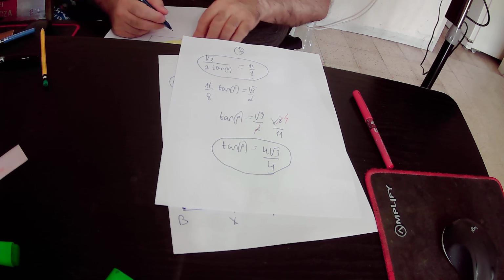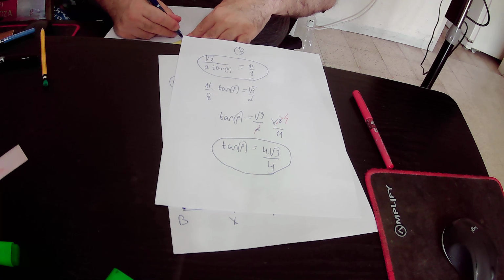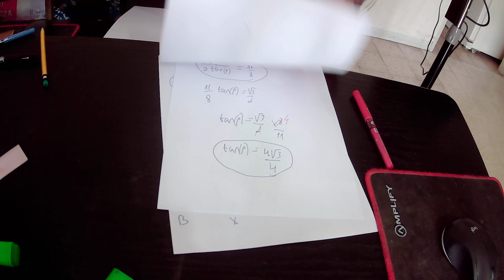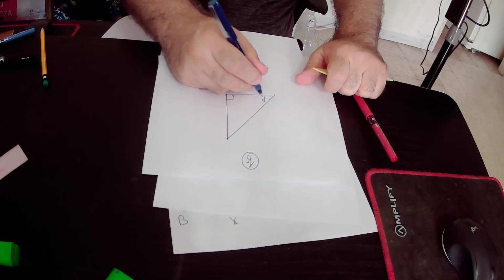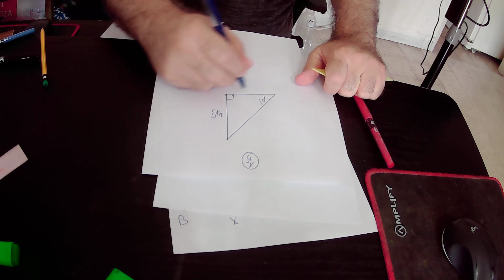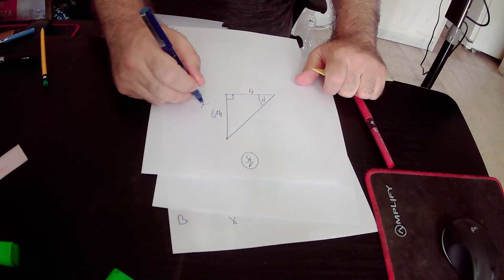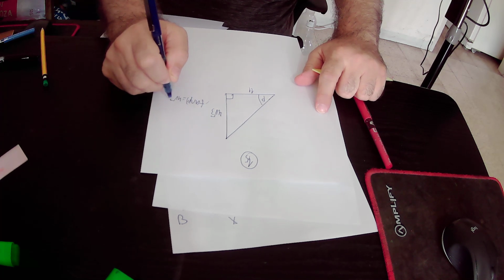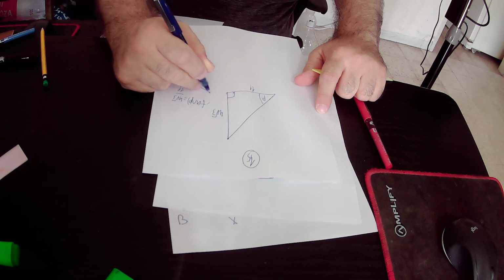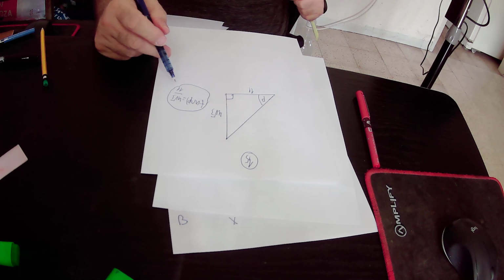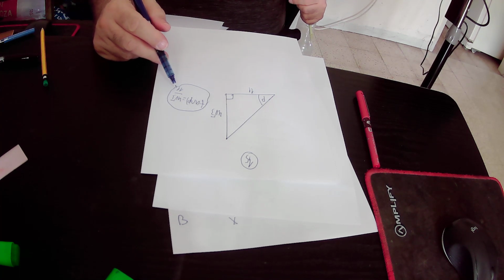So in this right triangle, this is angle P. This side equals 4 times root 3 and this side equals 11. So here tangent P equals 4 times root 3 over 11. So this drawing expresses exactly this equality.